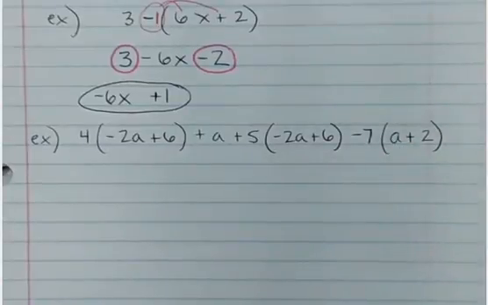Go ahead and solve that. Miss Osborne will pause the video for you, so you'll have some time to work on that, and let's see how many of you guys can get the correct answer.